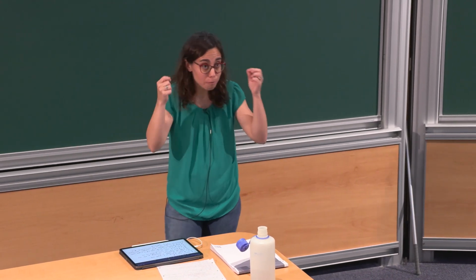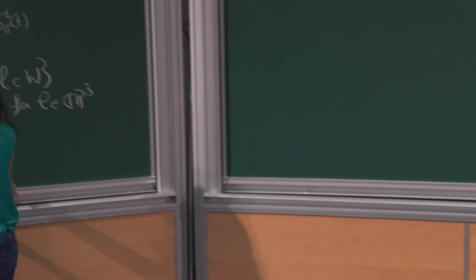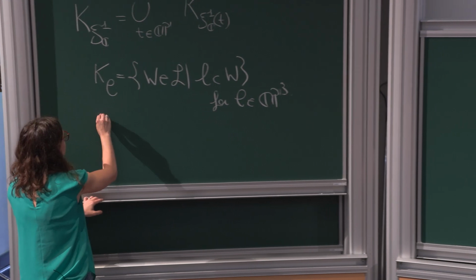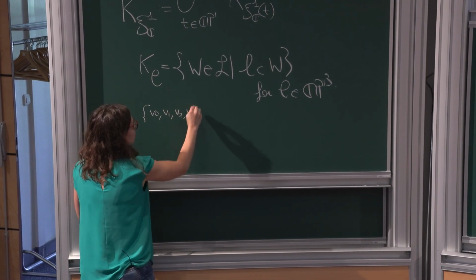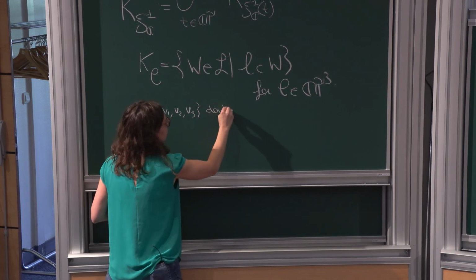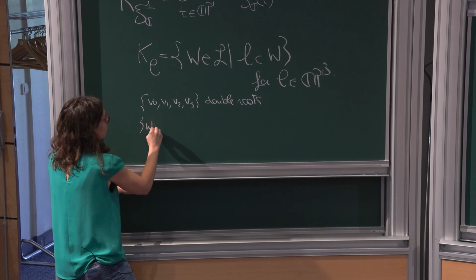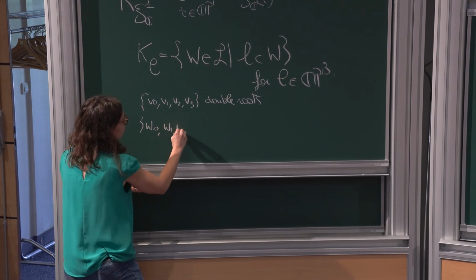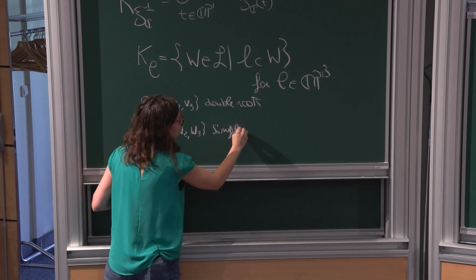And you really see that there are four, I don't know, V0, V1, V2, V3. These are the double roots. And these are the single roots.